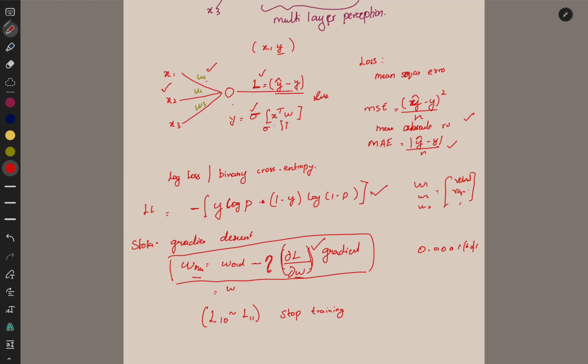Then we apply some activation function. After applying the activation function, this is the predicted value, and we measure it against the ground truth. By comparing with the ground truth, we have the loss function, and from that loss function we update the weights of the neural network.